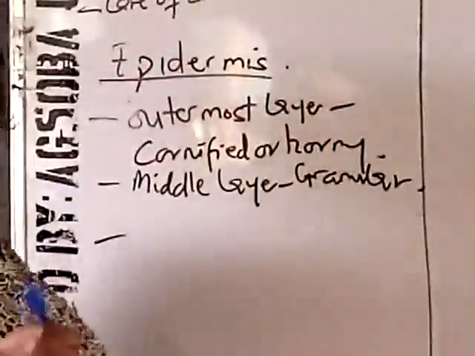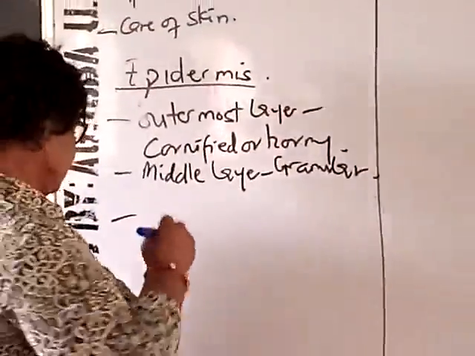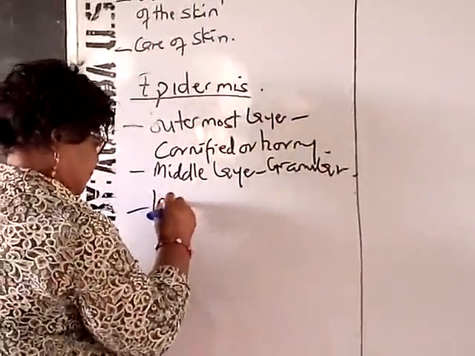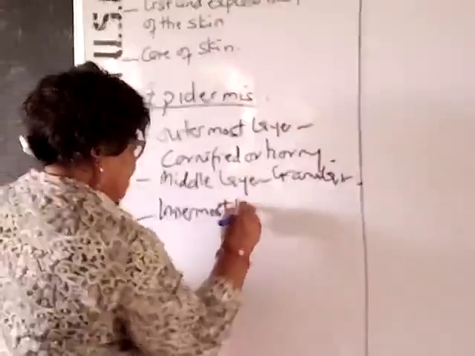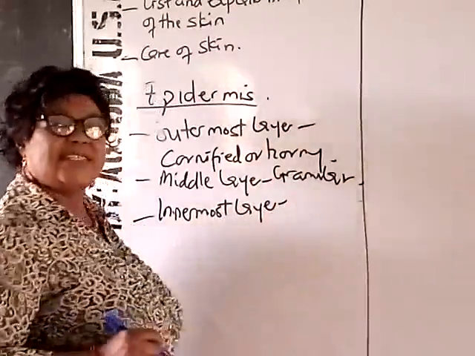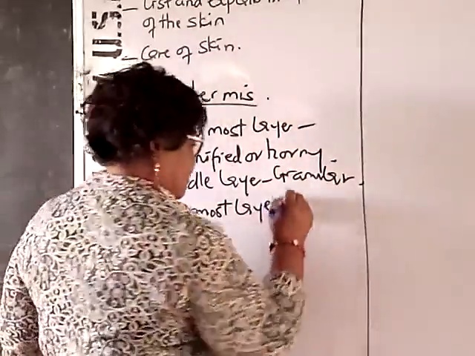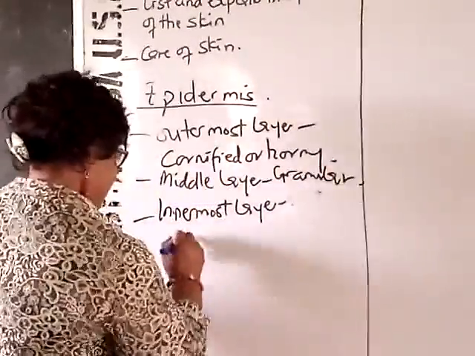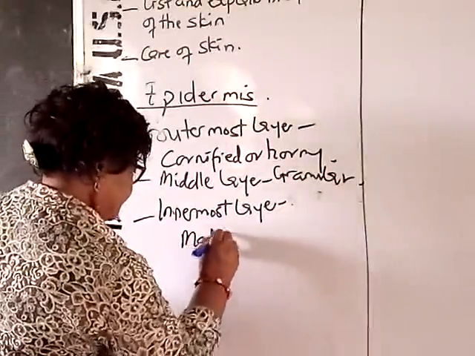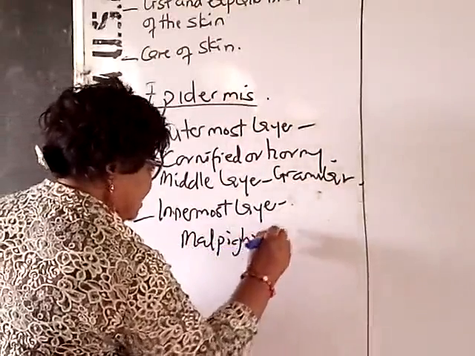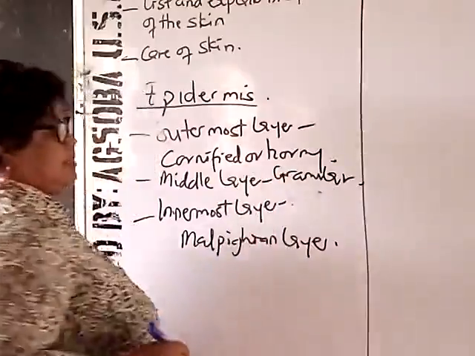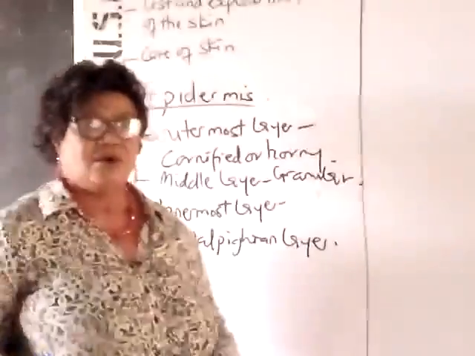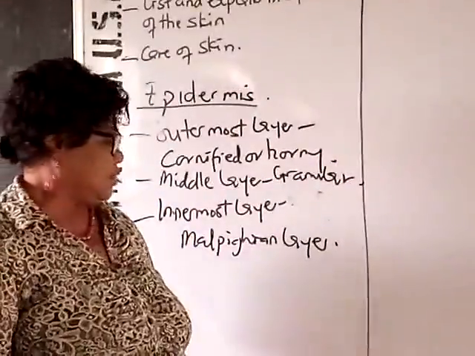The third one is the innermost layer of the epidermis, known as the Malpighian layer. Let me write it here. Malpighian layer. This is the last area, which leads to the inner part.